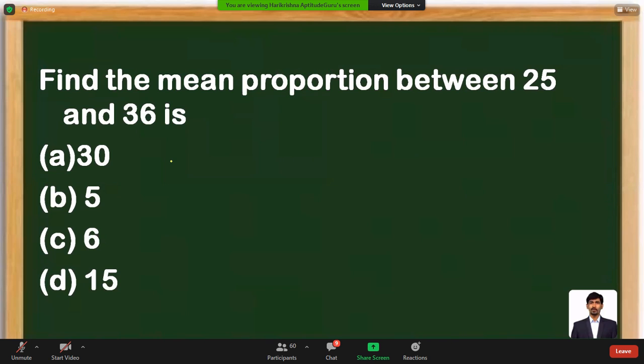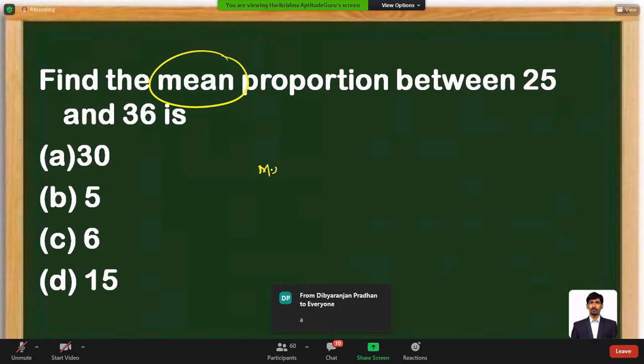Look at the next question available on the screen. Find the mean proportion between 25 and 36. So the question is based on the mean proportion.